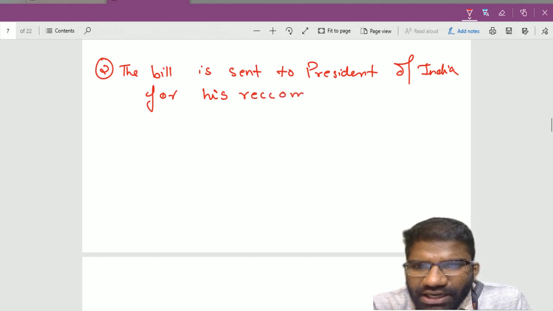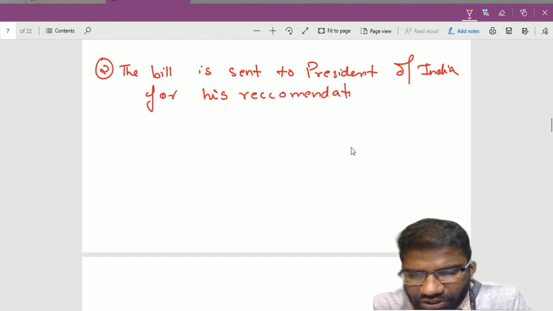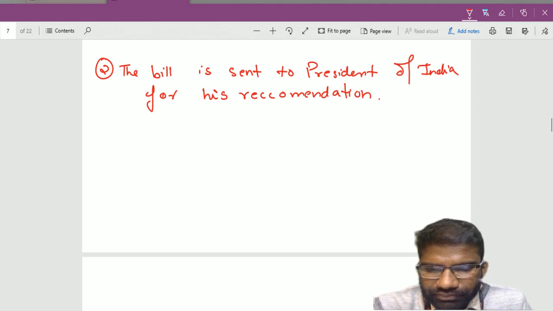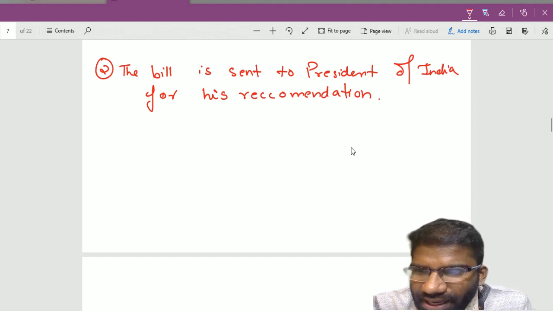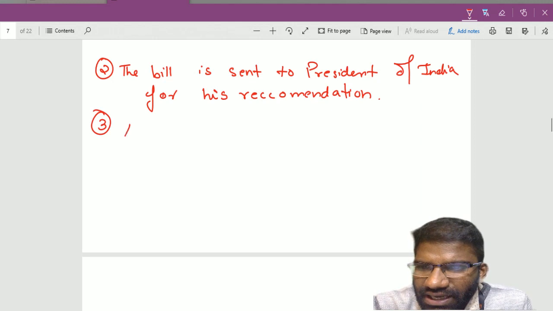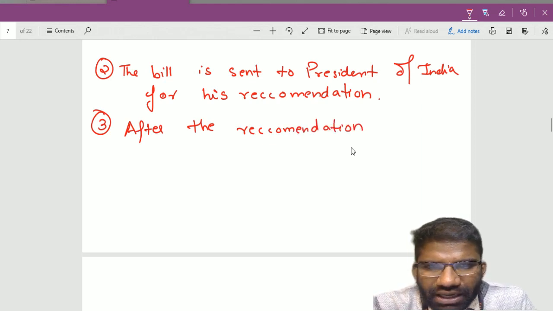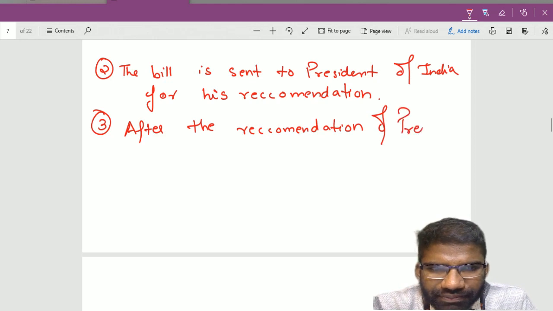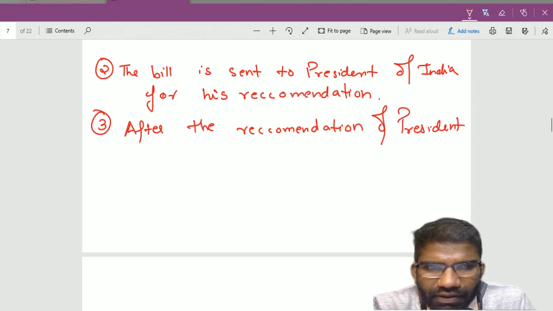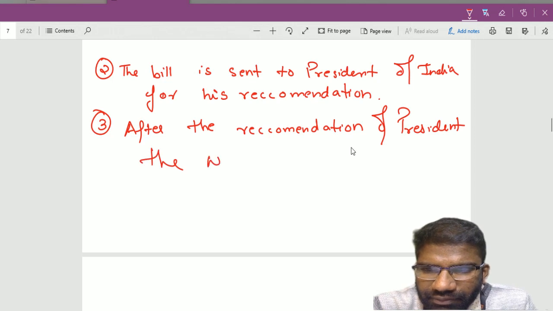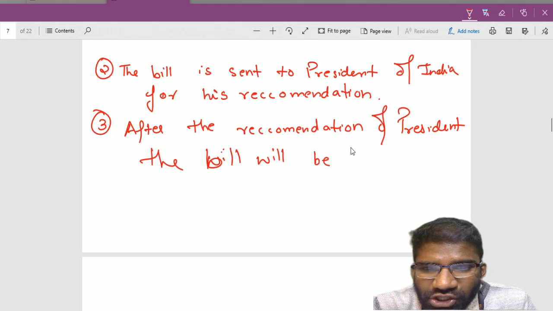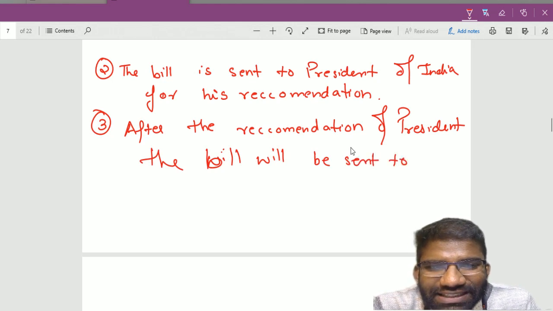After the recommendation of the President, the bill will be sent to the concerned state.